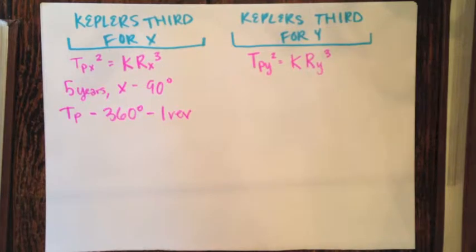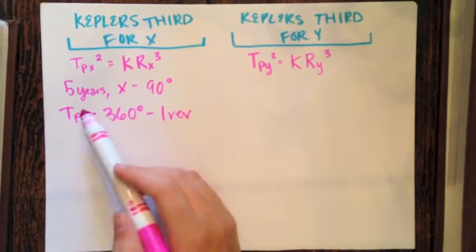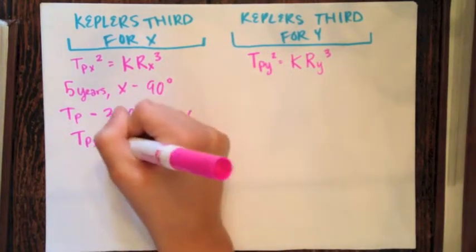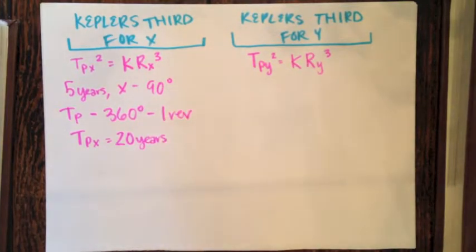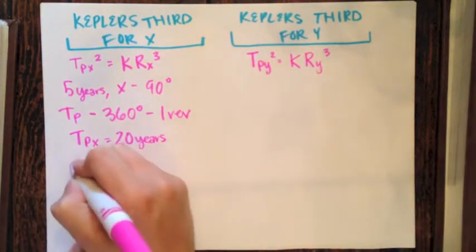So we can easily find that if it were to be 4 times as long, it would be 1 revolution. So we can say that the time of the period of x is 20 years. Hey, that's handy dandy. So we can plug this in and easily solve for k.